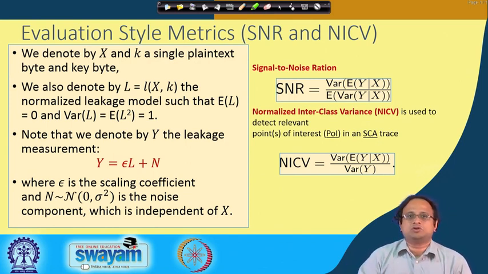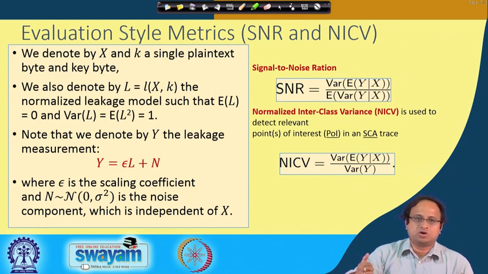Again, without loss of generality, let me assume that you are doing the attack from the plain text side, and suppose the plain text is x. You make a guess for the key byte, say k, when you are actually doing the attack, and therefore, this x gets mixed with the secret key, gets processed by something like an S box, and then you get a target.